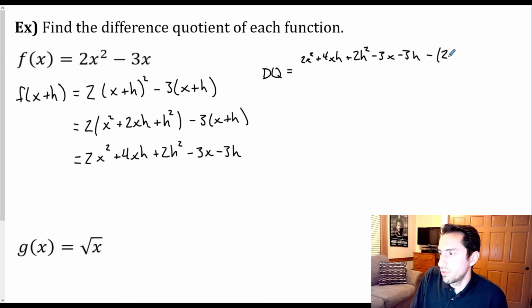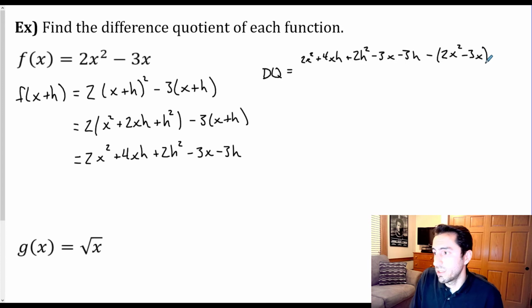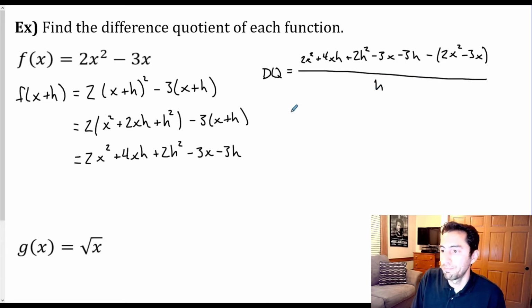So minus 2x squared minus 3x. And I am putting that in parentheses because I do want to subtract that whole thing, meaning we are going to need to distribute that negative. And this is all divided by a lonely h.